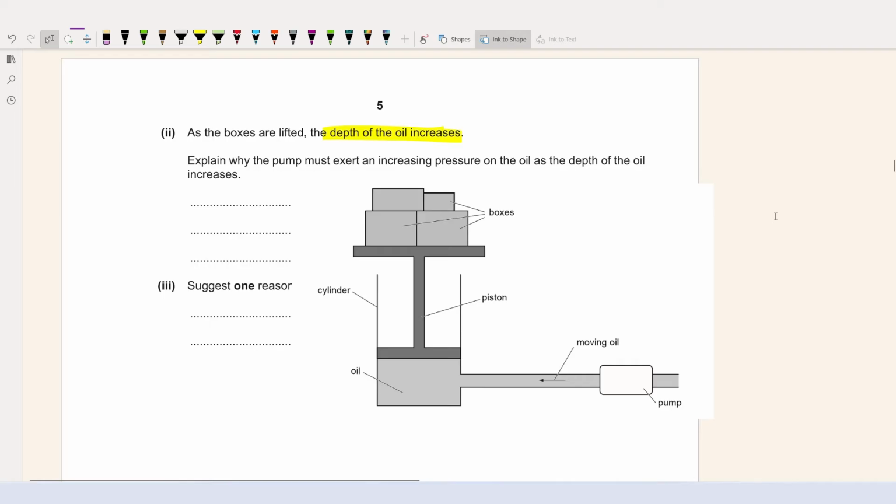You can see here that when the level increases, the pressure of the liquid will also increase, right? In order to oppose that effect, the pump must exert an increasing pressure. So we can write that down.